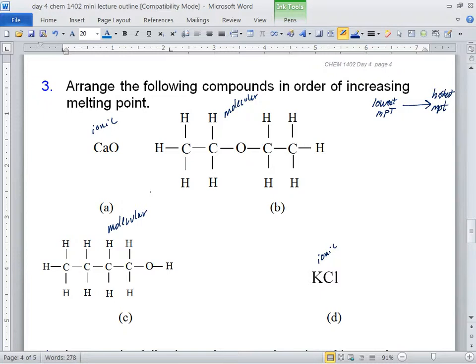C. Look at that nice OH hanging out here, right? Here you got to dig in there to get that O interaction. So C is going to have stronger hydrogen bonding. So which one will have the lowest melting point then? B, because it's even weaker. Good. So you should list B first, then C. Now you got a 50-50 shot, Audrey.